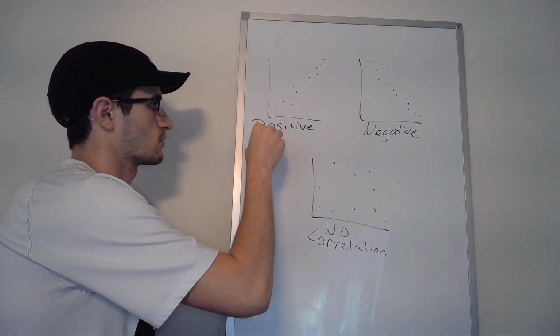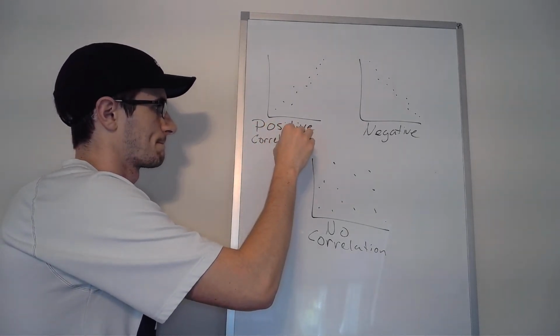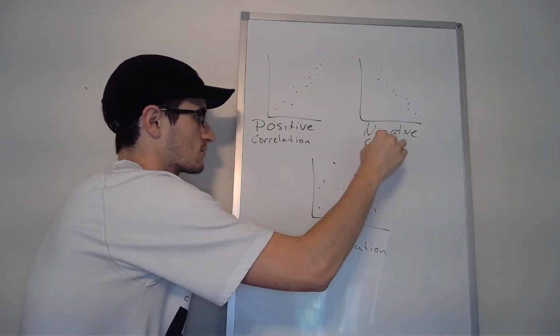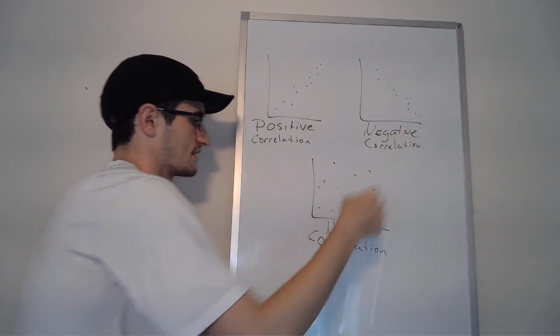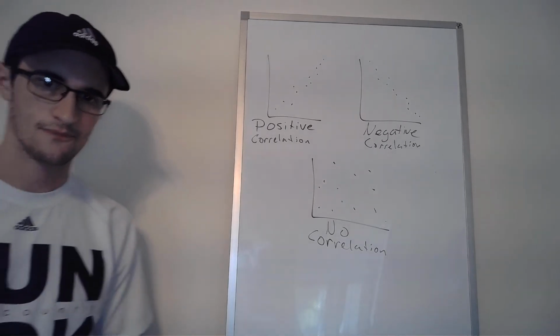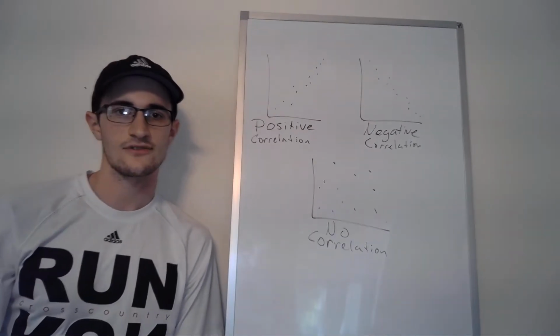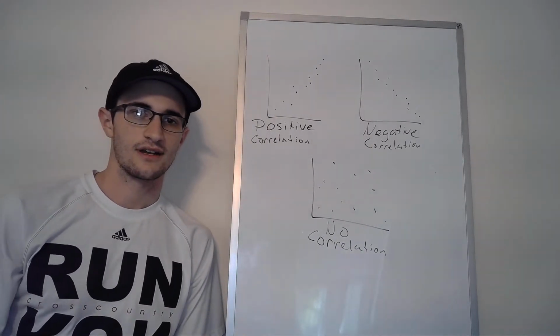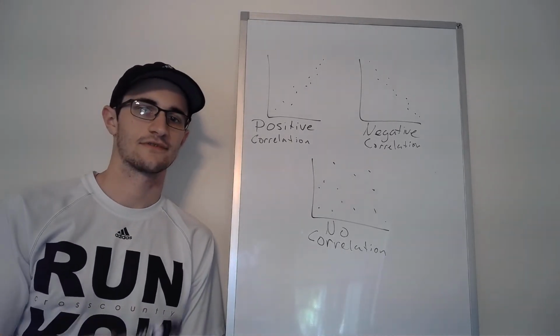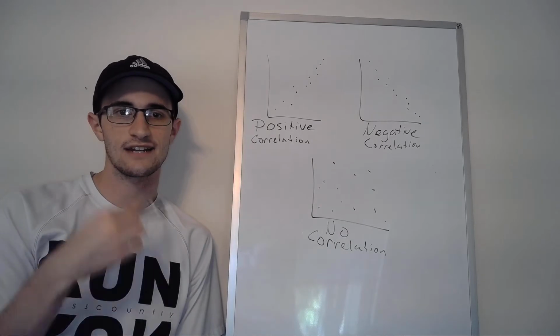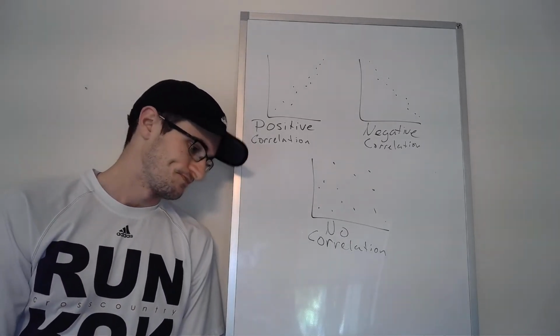Again, this is positive correlation, negative correlation, and the last is no correlation. So if it's scattered everywhere, there's no relationship there. If it looks like it's forming a positive line, it's positive. If it looks like it's forming a negative sloping line, then it's negative.